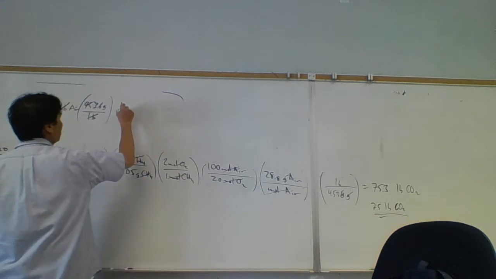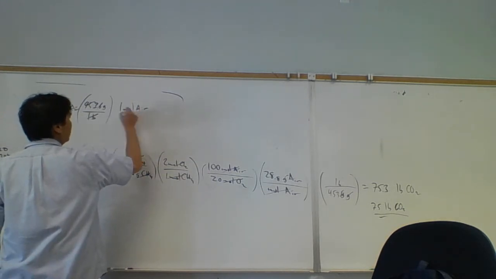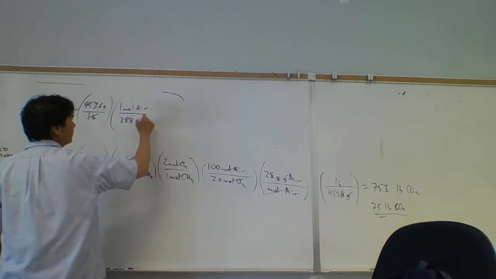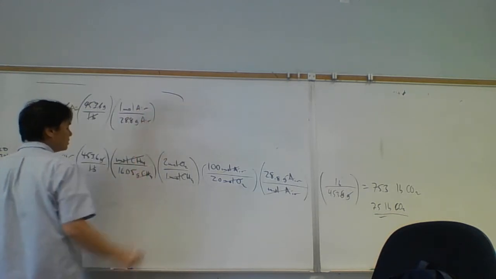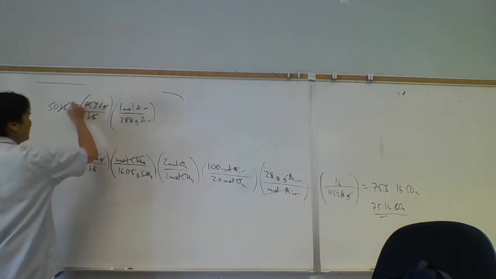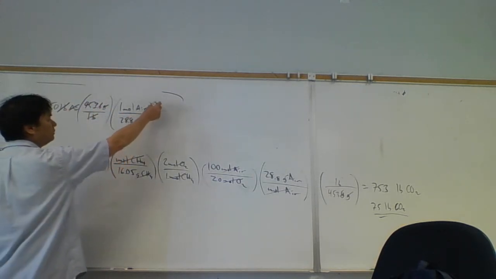And I know a mole of air weighs 28.8 grams to 2 sig figs. I'm carrying an extra digit, not sig fig, extra digit here to minimize round off error. And so I have grams of air converted to moles of air.